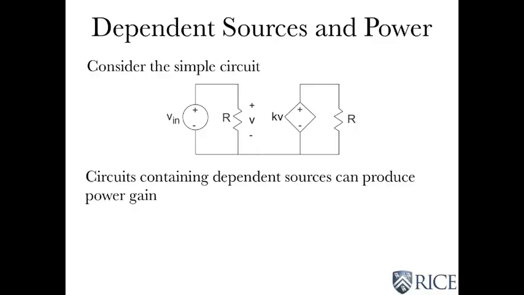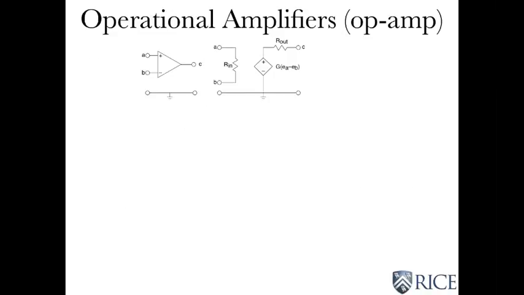And here's an example of one. But here's a practical example, and this is the operational amplifier I mentioned earlier. So the operational amplifier, its jargon name is op-amp. It's the way we refer to them as an op-amp. And the circuit symbol is indicated here to the left.